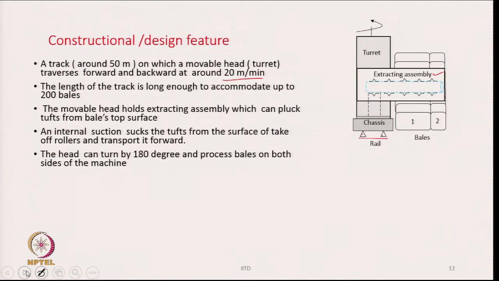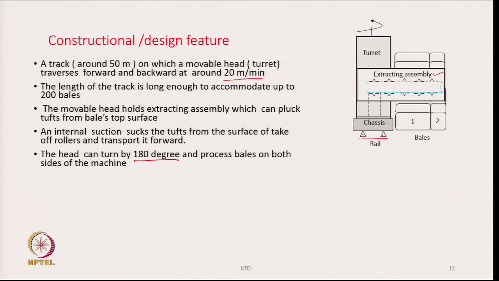The head can also turn by 180 degrees and therefore process bales on both sides of the track. So, while moving backward and forward, it can also turn its head by 180 degrees. While moving in one direction, suppose with respect to this diagram the head is on the right-hand side of the turret, the bales are on the right.